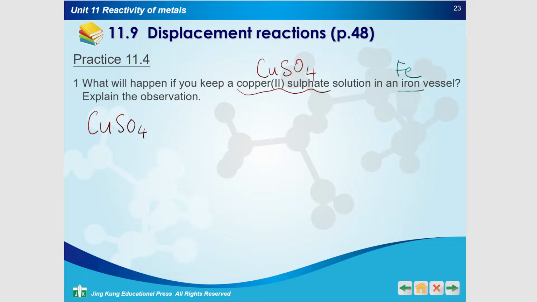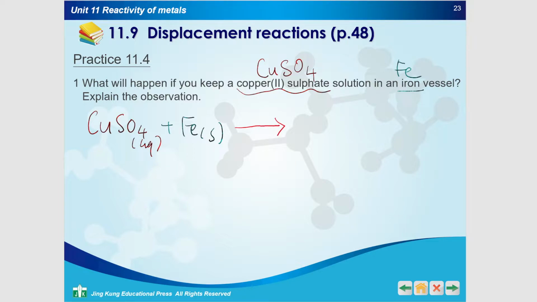So the best way to do this is to use a chemical equation to see what actually is going on. Copper 2 sulfate, aqueous, plus iron, which is a solid. Obviously, we know this is going to react. It's a displacement reaction. Why? Because if we still remember the metal reactivity series, iron is higher than copper.